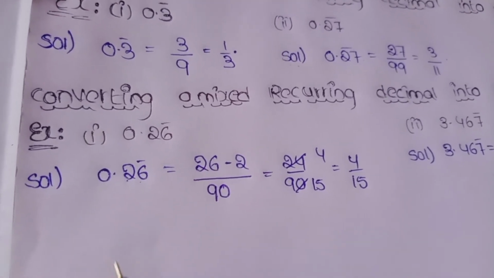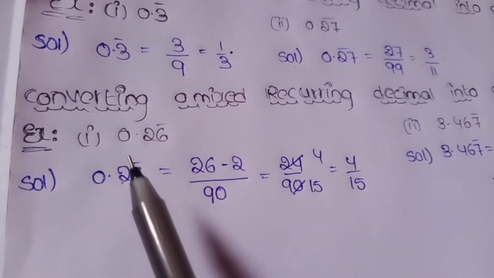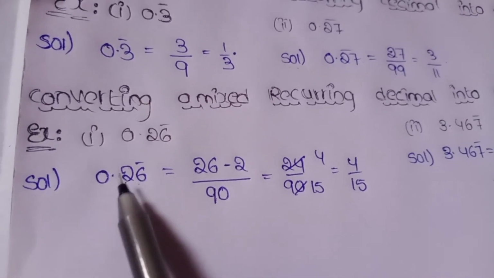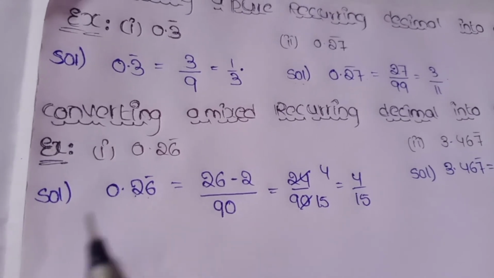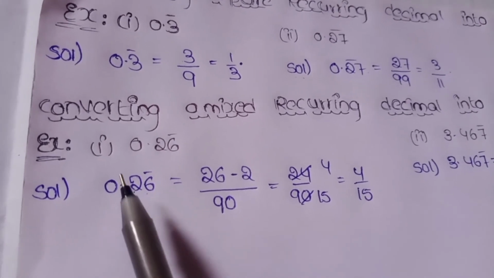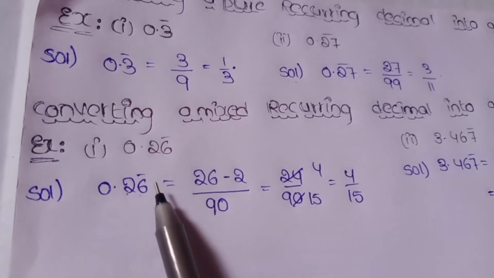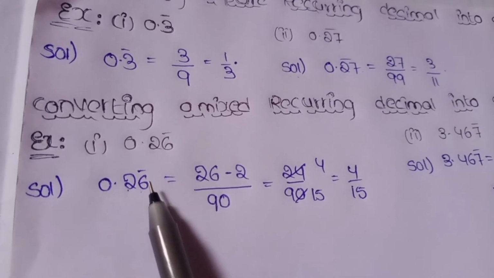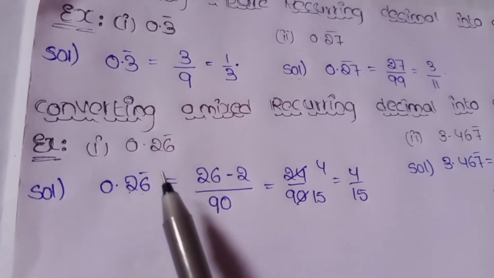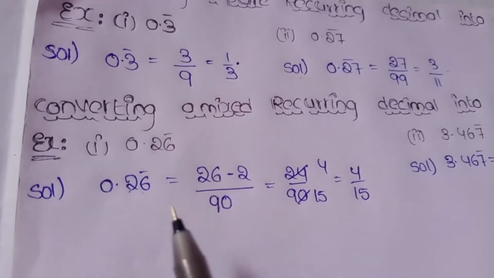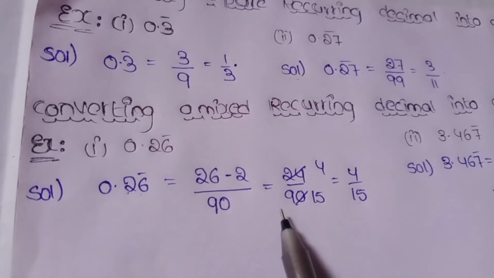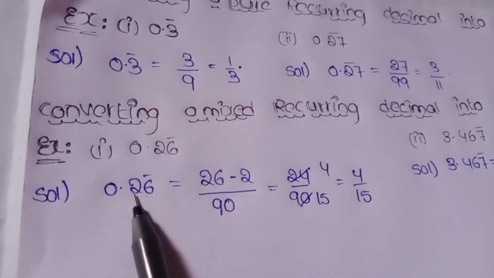Are you understanding? Okay. Let us go through it again. We have 0.26 bar. First, you have to write the digits after the decimal point. 2 digits. The 2 digits will be written here, and from this value we subtract the non-recurring part, which is 2.